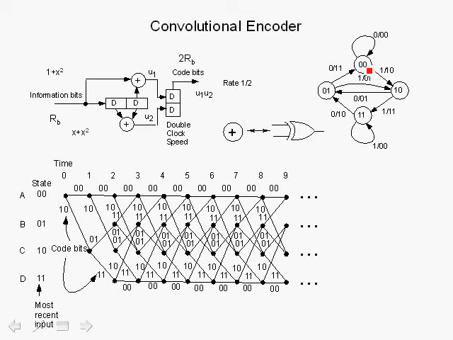So in the state diagram representation, we draw a circle for each state and label the circle with the actual state. In this case, the first bit is the first element of the shift register, and the next bit is the second element of the shift register, and we have the 4 possible states, of course 0, 0. If we input a 1, then we go from the 0, 0 state to the 1, 0 state on the next clock.